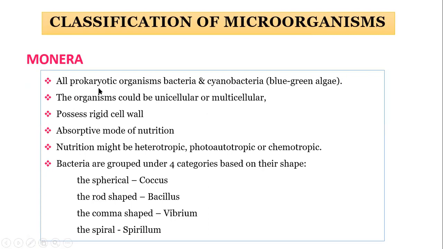Kingdom Monera includes all prokaryotic organisms like bacteria and cyanobacteria, such as blue-green algae. The organisms could be unicellular or multicellular, and they have a rigid cell wall.